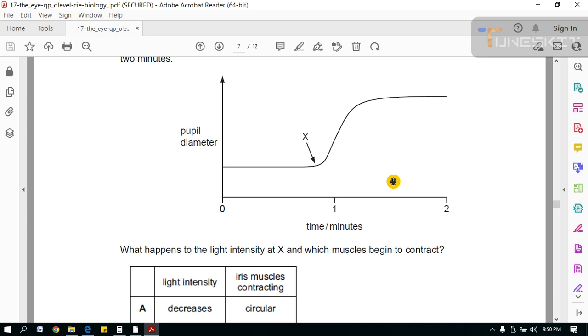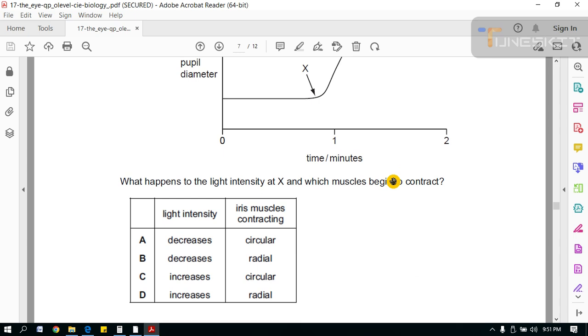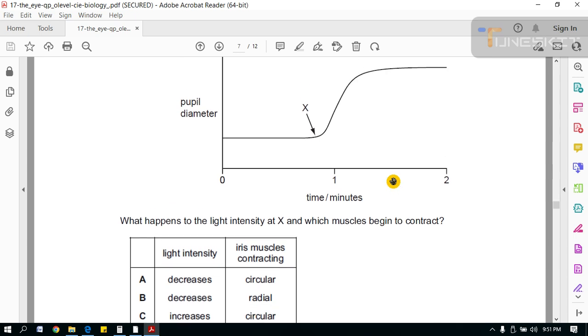Why? Because pupil diameter is going to increase. When the pupil diameter increases, it means that the light intensity decreases. Light intensity decreases, right? And then when the light intensity decreases, the pupil diameter increases.